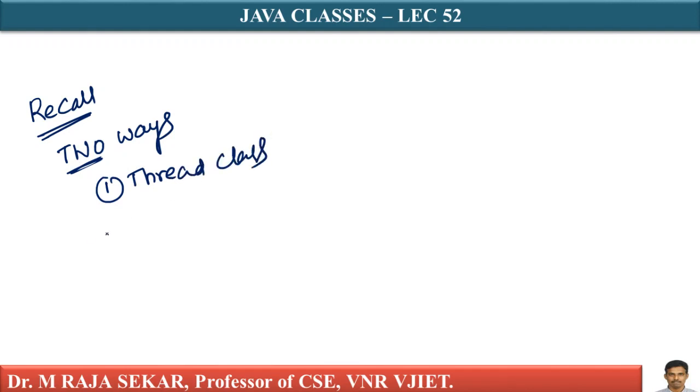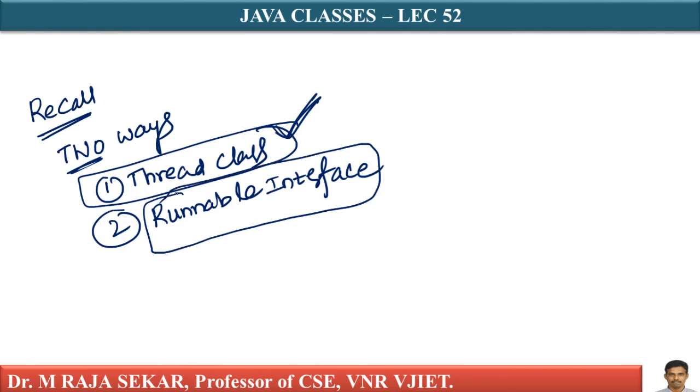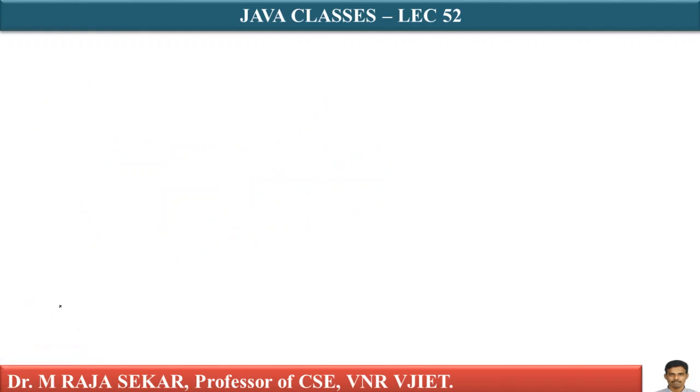The second way is by implementing the runnable interface. Till now I discussed how to create threads by extending the thread class. In this class, we will understand how to create a thread by implementing the runnable interface.